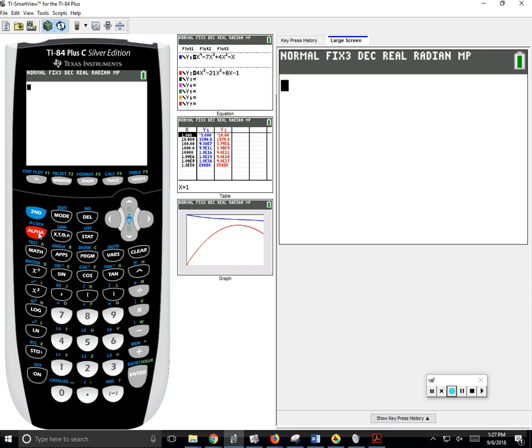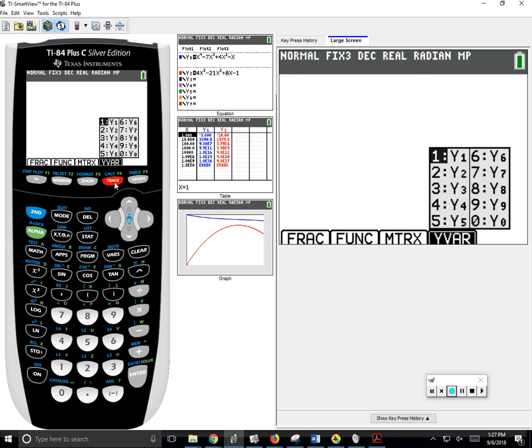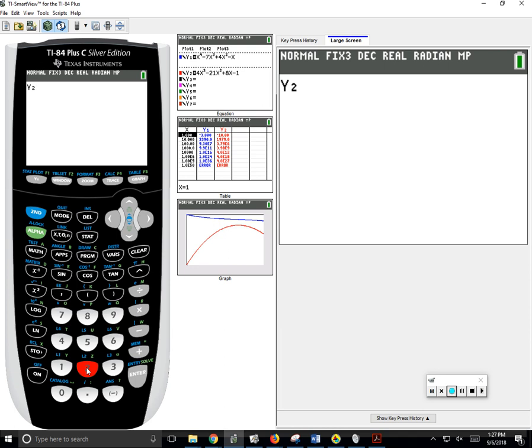So I hit alpha, F4, which is the trace key. It will give you a list of all the Y1, Y2 stuff. Choose what you want. I want number 2. Now it's function notation. So I want a parenthesis, 0, press enter.